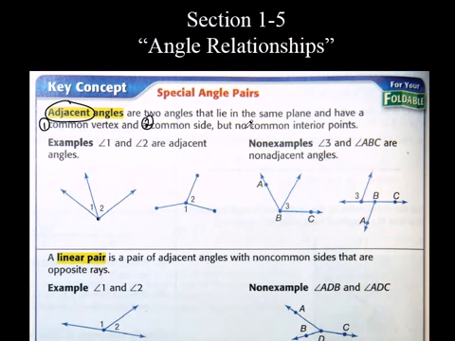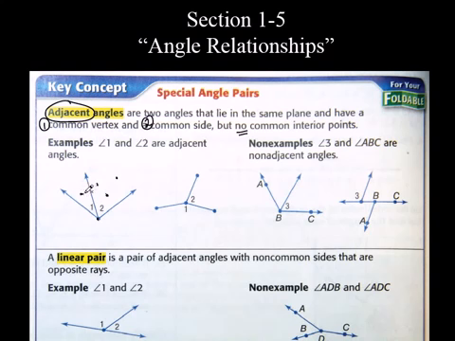This last one is the one that, if you just read it yourself, you may not understand what it means. It says it has no common interior points. We did talk about interior points. If I had an interior point in one angle, can that same point be shared by both of these angles? In this case, the answer is no. Anytime I put a point inside one of the angles, there's no way it's also going to be inside the other angle.